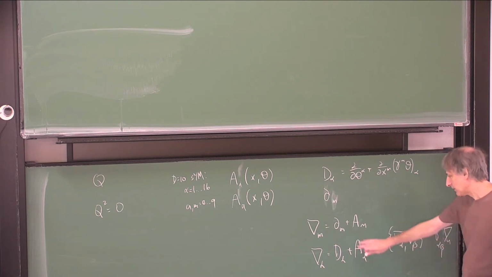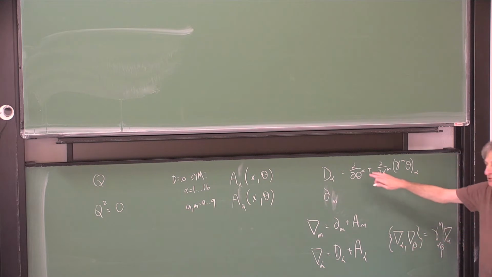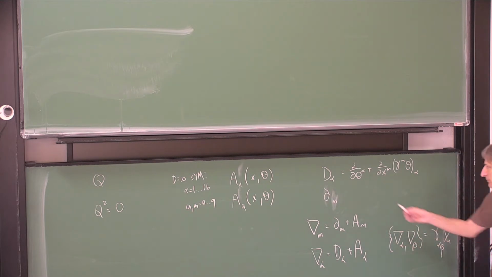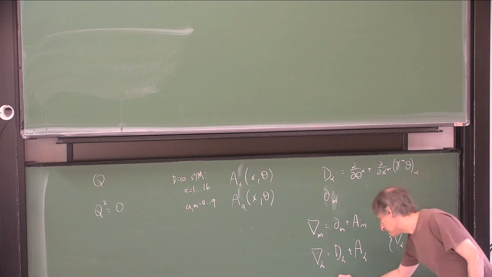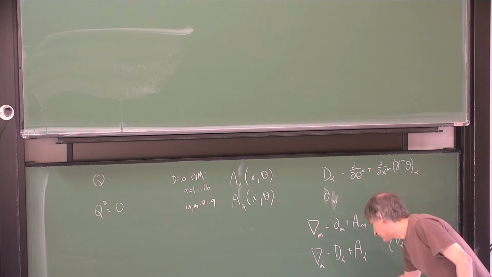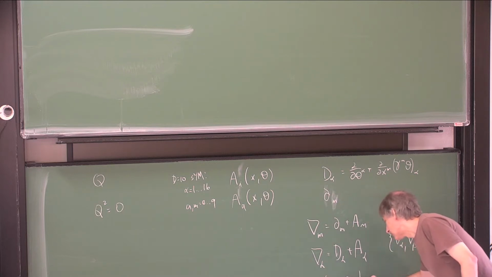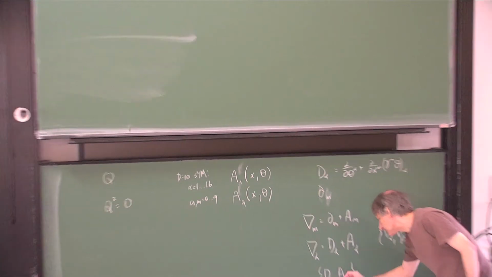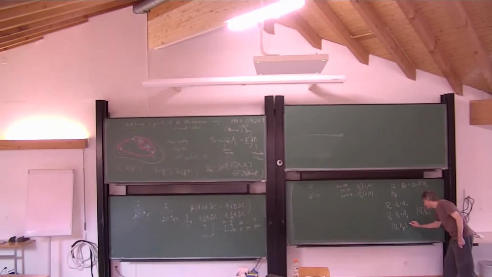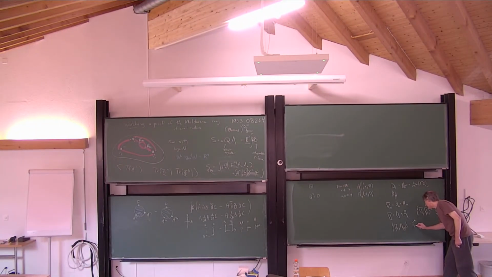Because it's just the usual superspace anti-commutator. What that means is that if you take d alpha of A beta and anti-symmetrizing alpha and beta, you get gamma M alpha beta AM.